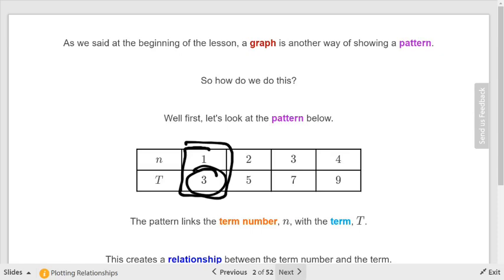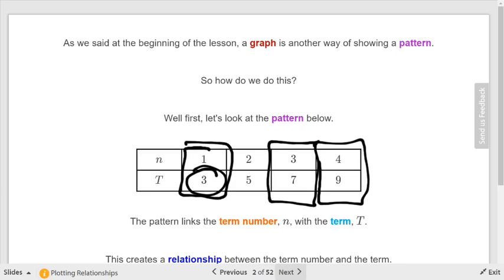So, for this particular pattern, if n is 3, what number goes with the 3? All I'm asking you to do is just read it off the chart. 7, right? Okay? So, if n is 4, what does that make t? 9, right? So, those numbers are linked together and cannot change.